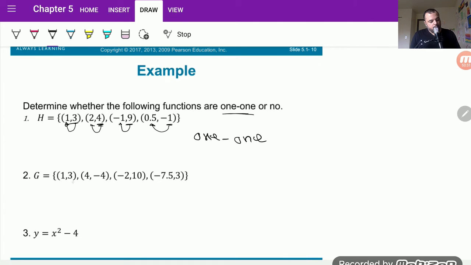Here, 3 maps to the 1. Also 3 maps to the -7.5. So the 3 maps to 2 elements. So this is not one-to-one. So f of 1 is equal to 3, and f of -7.5 is also equal to 3. These two are equal.